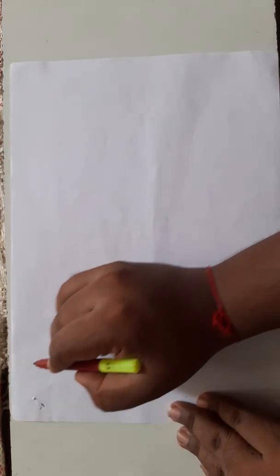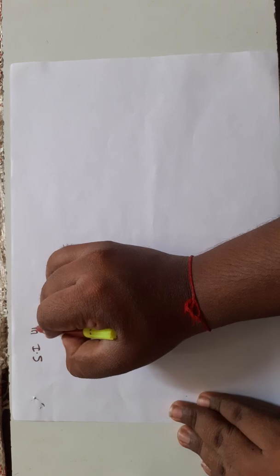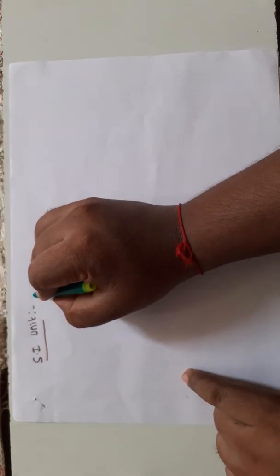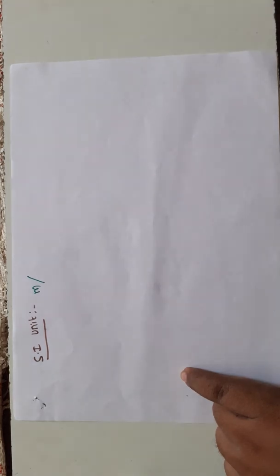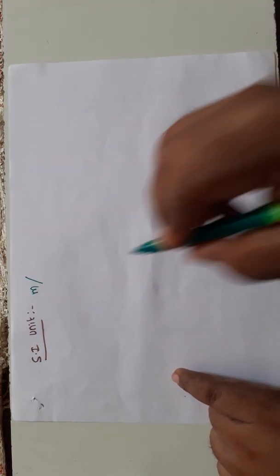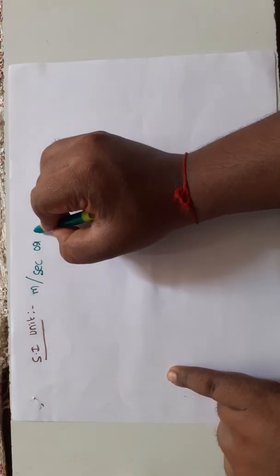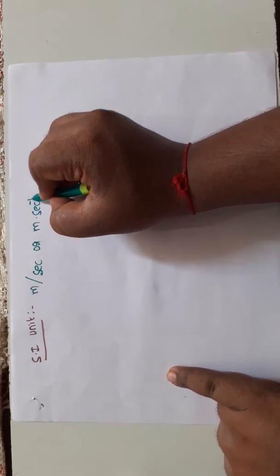What about the SI unit? What is the unit of displacement? The SI unit of displacement is meter. Next, what is the SI unit of time? It is the second. We can write meter second inverse. And also, what is the CGS unit?